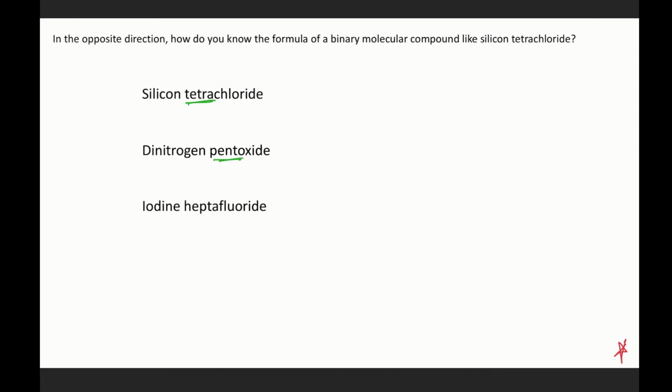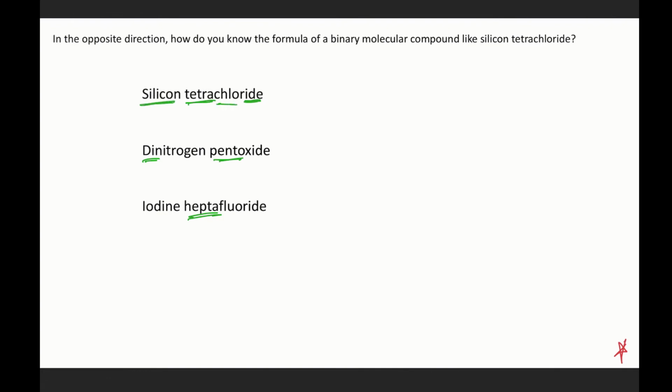Tetra, pent, di, hepta. What it's made of is already in there. So now let's talk about how to dissect these names so we don't get confused. We might see ide and be tempted to think ionic, but then we would remember, oh, all binaries end in ide, so that is not a differentiating factor. What is, though, is what it's made of.